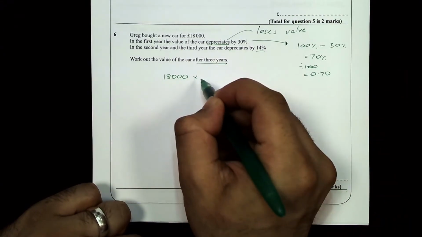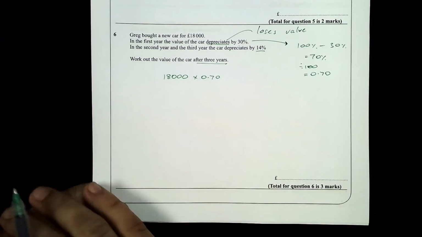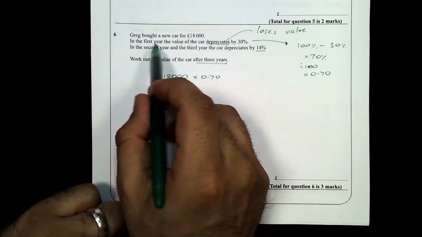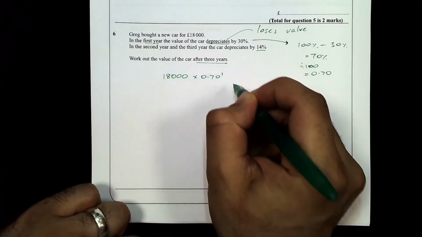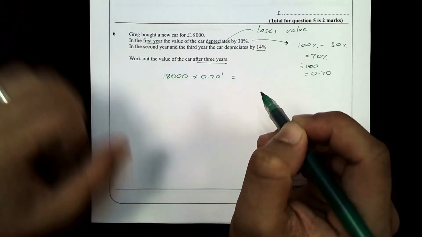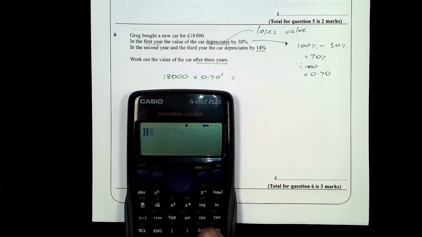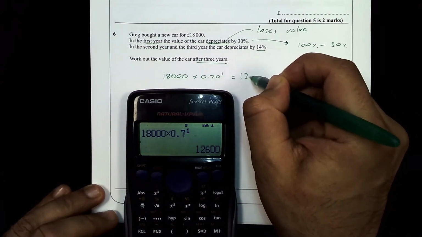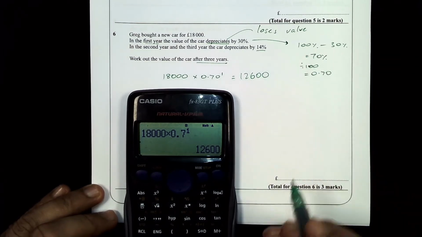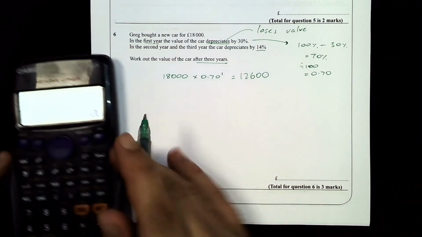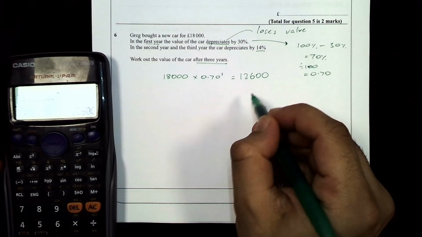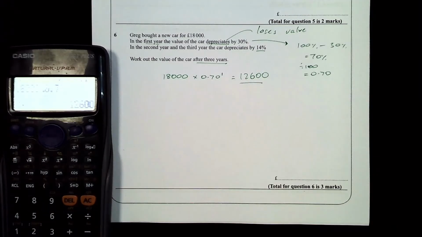So 18,000 times 0.70, and that is just for 1 year, the first year, so to the power of 1. And that will give me the value of the car after 1 year. So 18,000 times 0.7 to the power of 1. And that tells me at the end of year 1, or at the start of year 2, it's worth £12,600. Hooray.